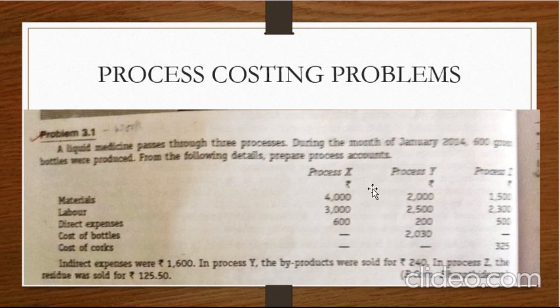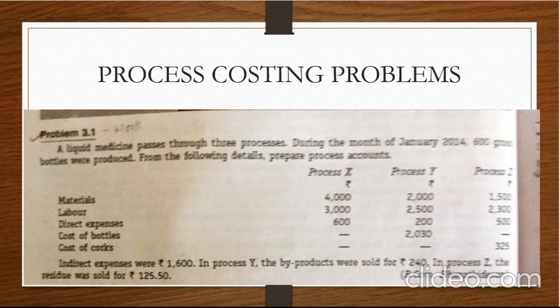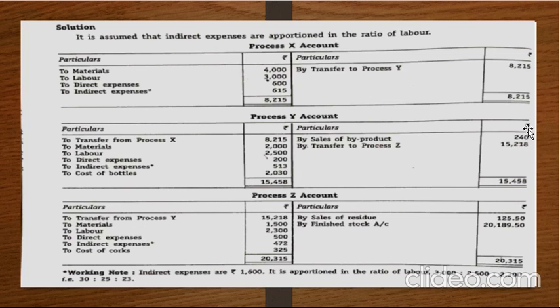So anything which is generated out of the main product is called a byproduct. So out of that byproduct they have sold and they have got 240 rupees. In which process? In process Y. So it is a sale which is going out. So you will record it as by sales of byproduct, 240.